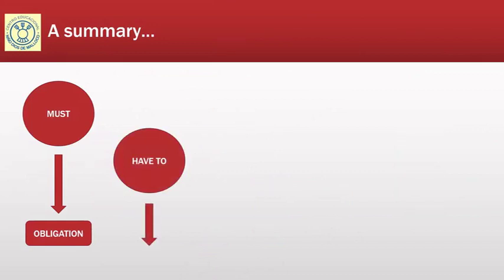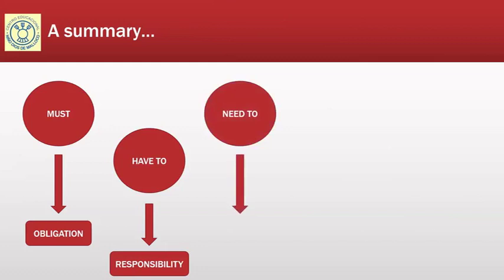Have to represents responsibilities, activities that are part of your duties because someone else has told you to do, because it is part of your job, for example, responsibilities. Need to represents necessity, something necessary to do, not an obligation, not a responsibility, a necessity.